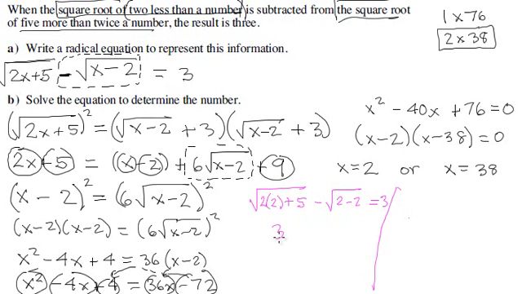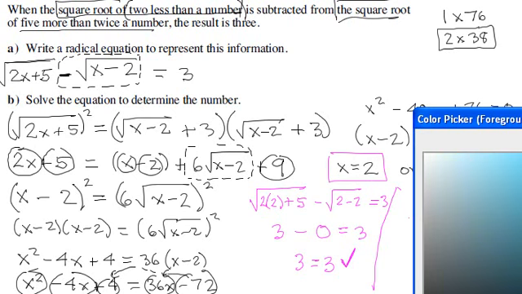The square root of 9 is 3. Minus 2 minus 2 is 0. The square root of 0 is 0. So this left side becomes 3 equals 3, which is pretty obviously true. So the solution x equals 2 works. It's valid.